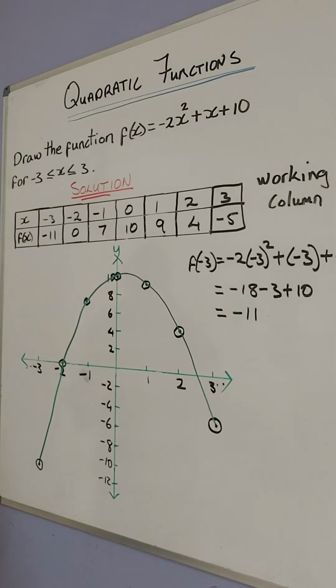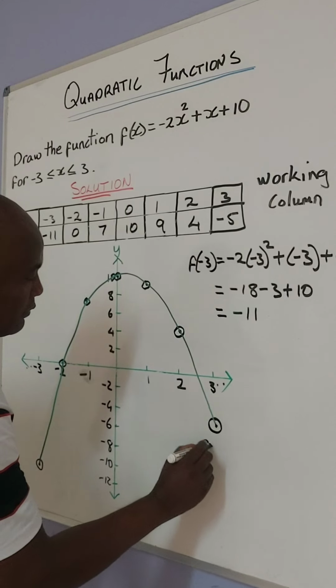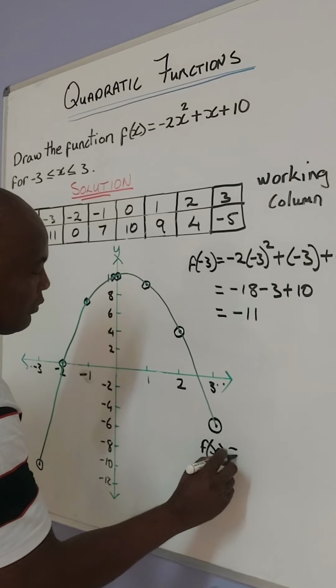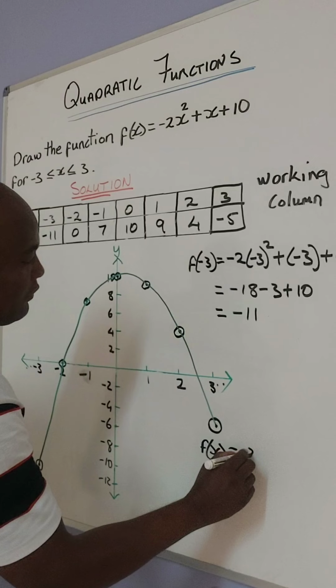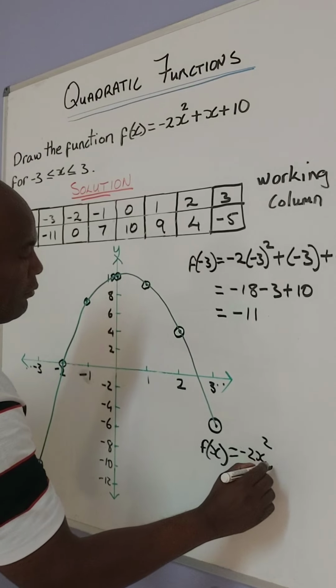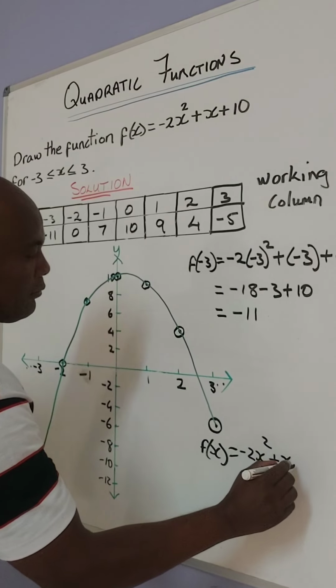After drawing your curve, it is wise to put the name of the function at the end of the curve. So we can call this function f of x is equal to negative 2x squared plus x plus 10.